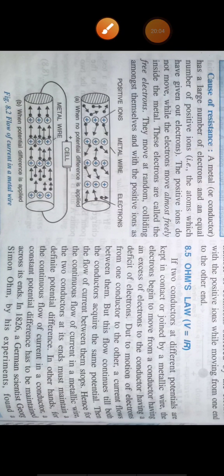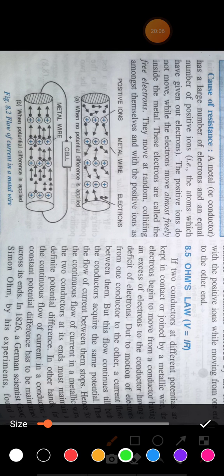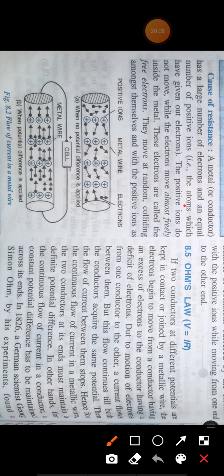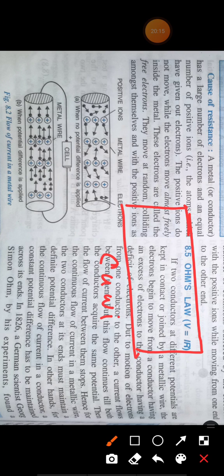Suppose you have a copper material. You have a copper wire. So inside the copper wire, what do you have? You have copper atoms. Correct, you have some copper atoms.